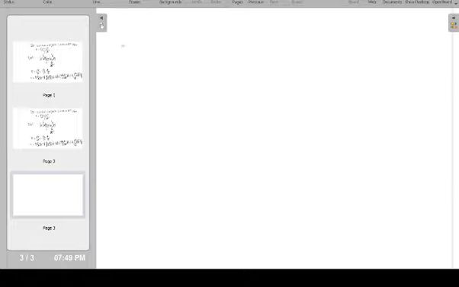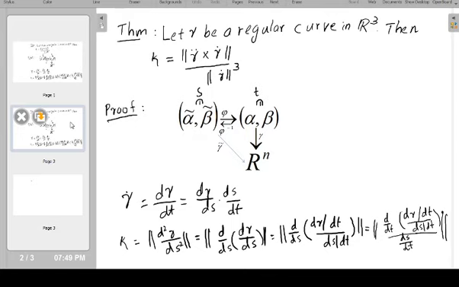See what was in the previous page, it is d by dt of this thing. So you use the quotient rule: denominator into derivative of the numerator minus numerator into derivative of the denominator, divided by denominator square.